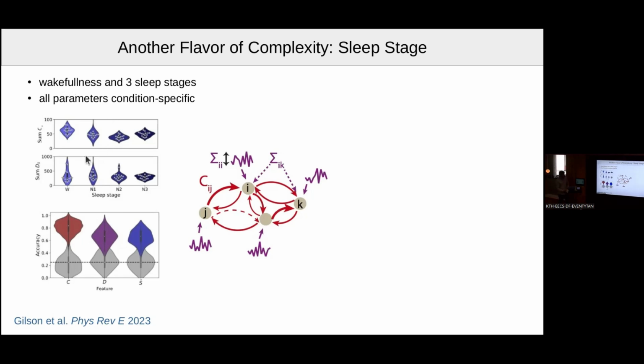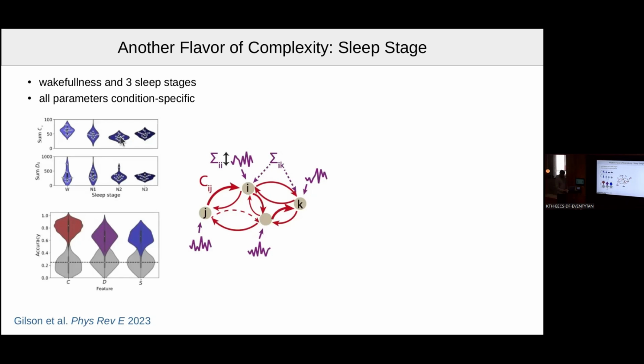So here we've got the different sleep stages, from light sleep N1 to deep sleep N3. When we fit our model to the data, we can look at the difference in effective connectivity across the different stages, and we see some changes, but not so strong.